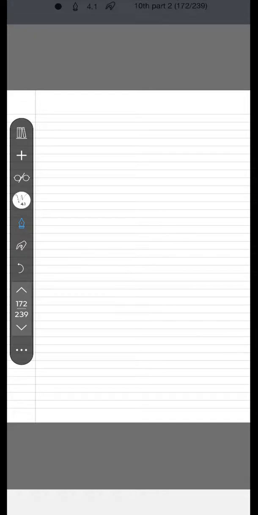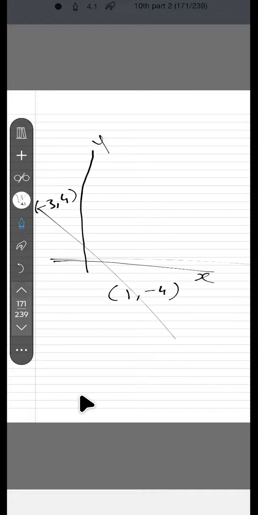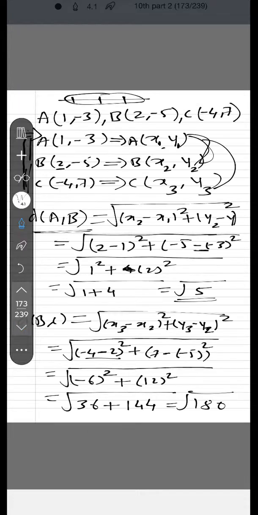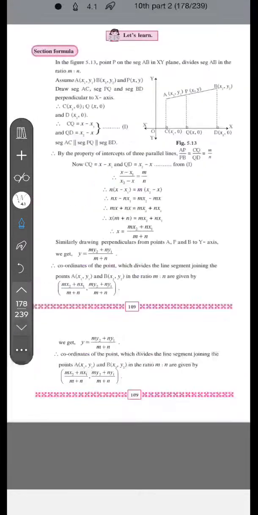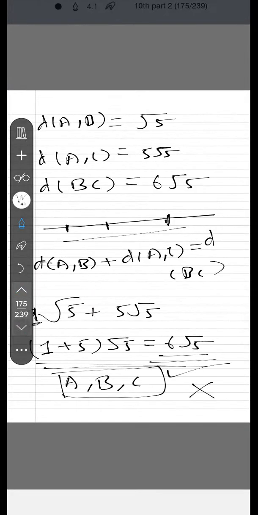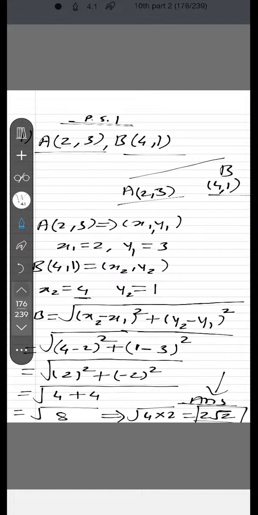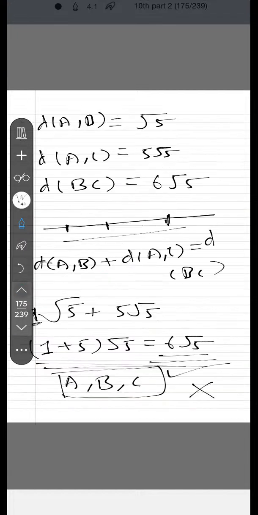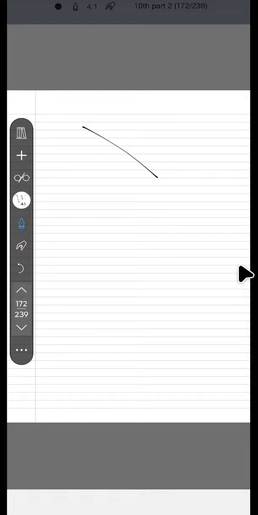Let's consider that point C on the x-axis is at equal distance from points A and B. Point C is there. If this is A and this is B, then C is another point. Point C lies on the x-axis.